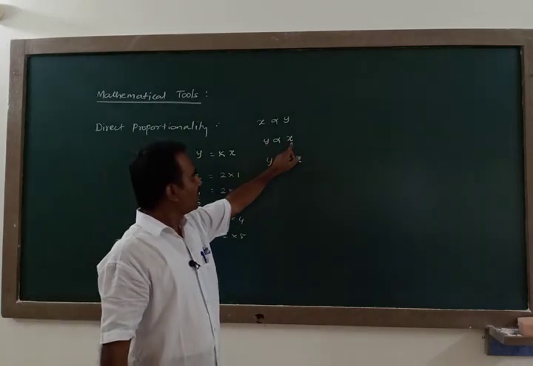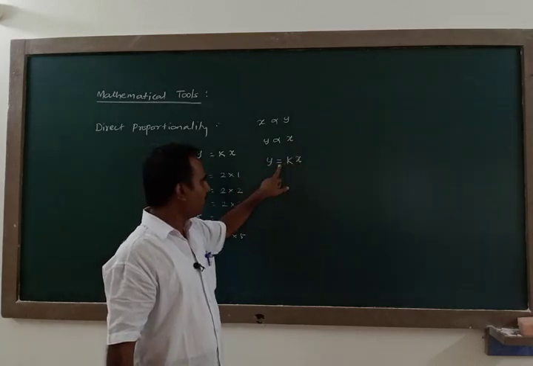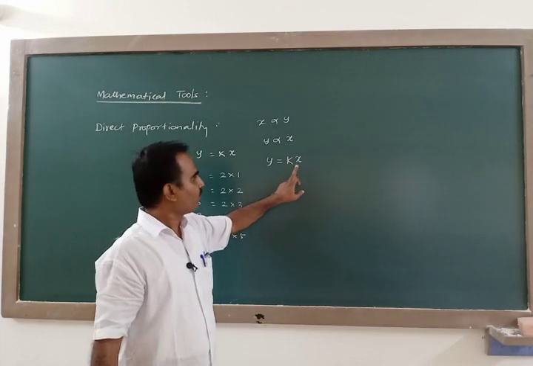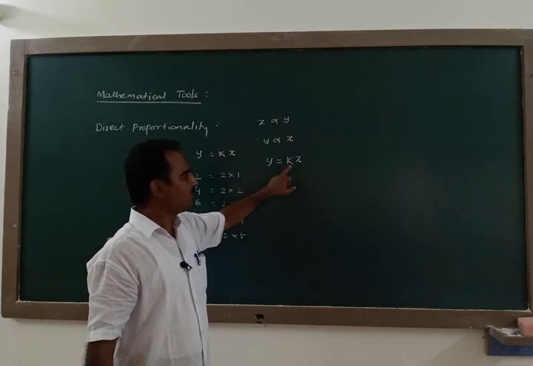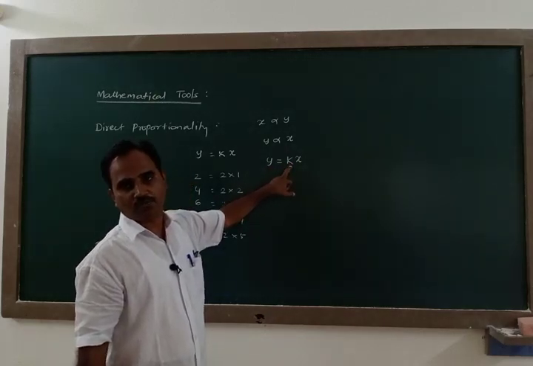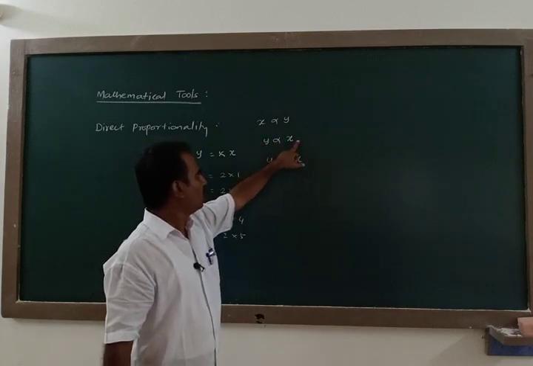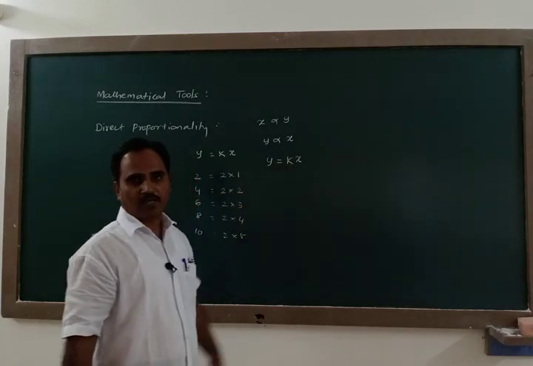When two physical quantities are directly proportional, they can be equated by using a proportionality constant. It means that when x increases, y would also increase by k number of times. Understand?